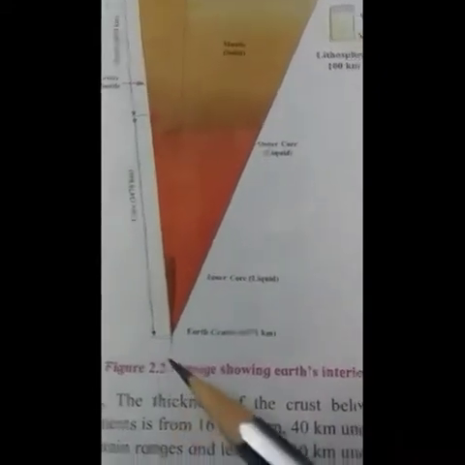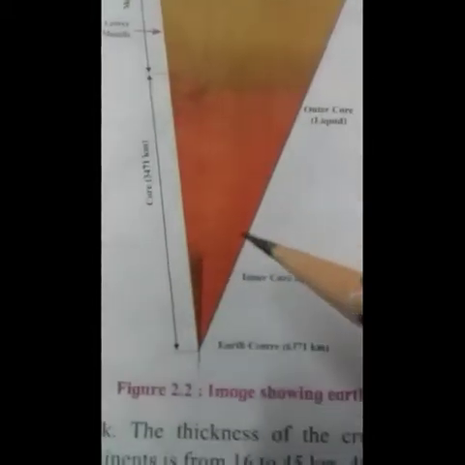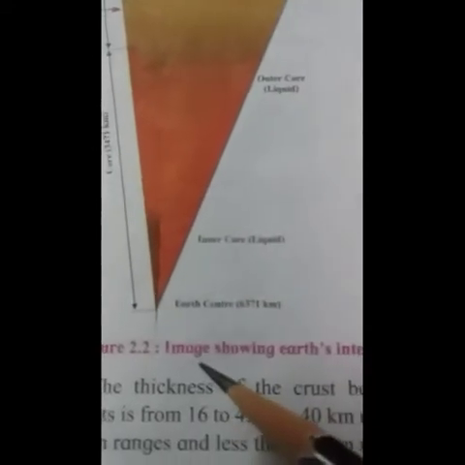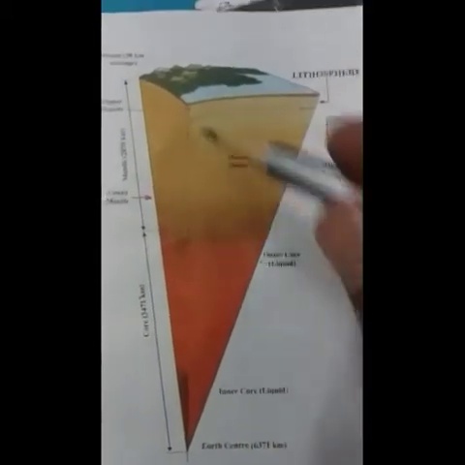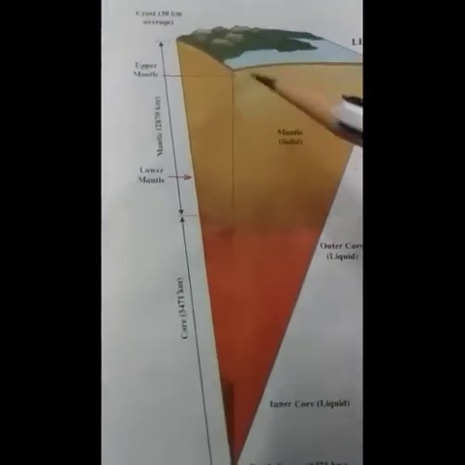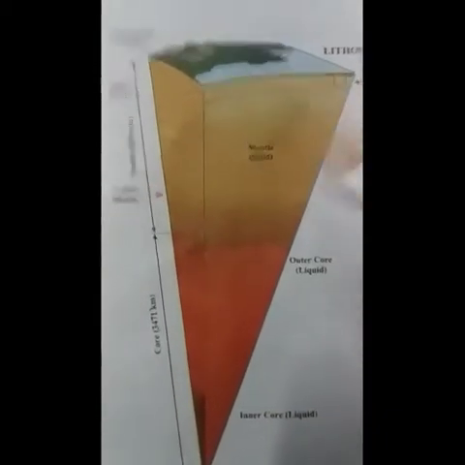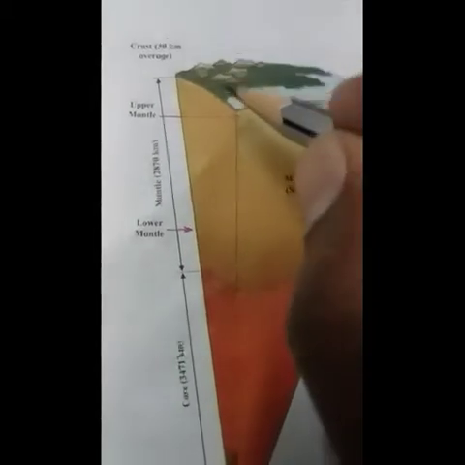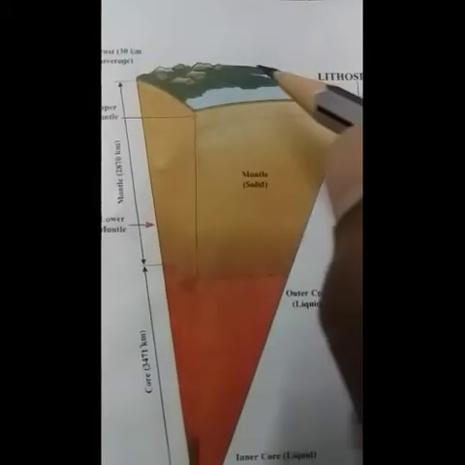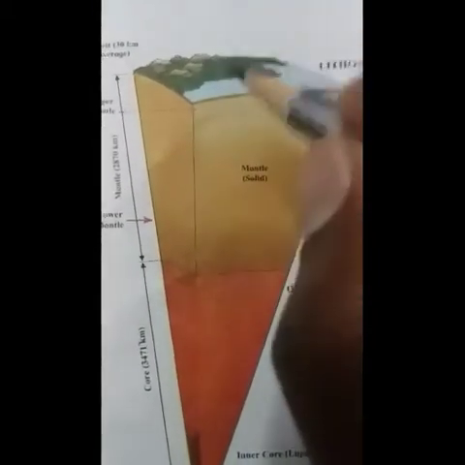Now just see figure number 2.2 on textbook page number 12. It is an image showing Earth's interior. Look at this figure, looking like a segment of Earth. Using this figure, we will try to understand Earth's interior. Let's begin from the uppermost layer, the crust.